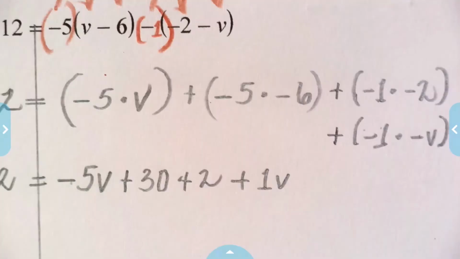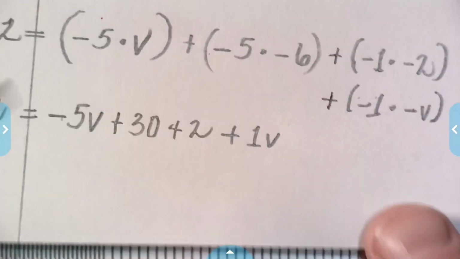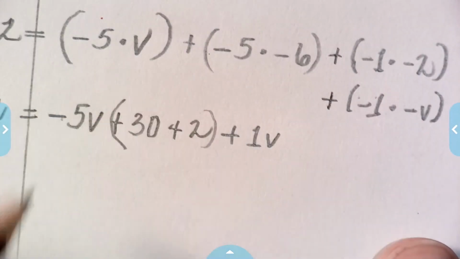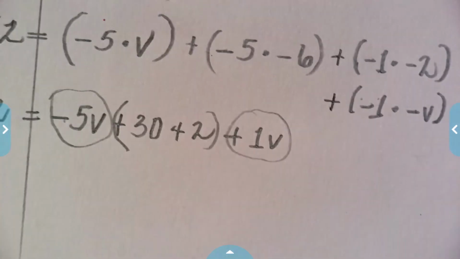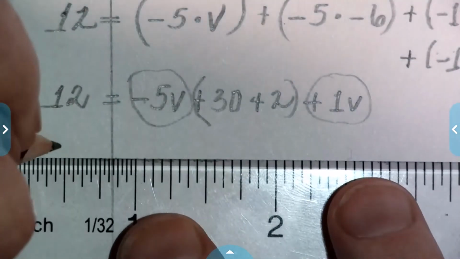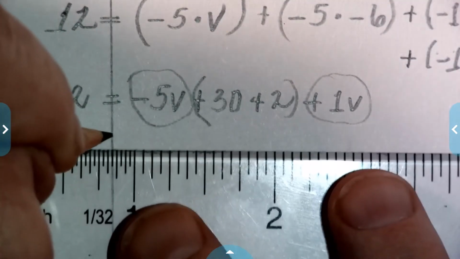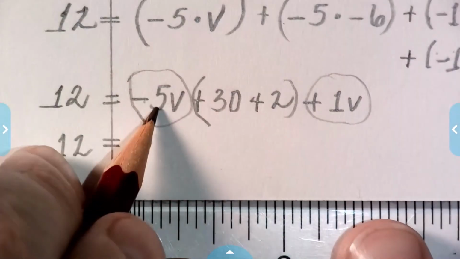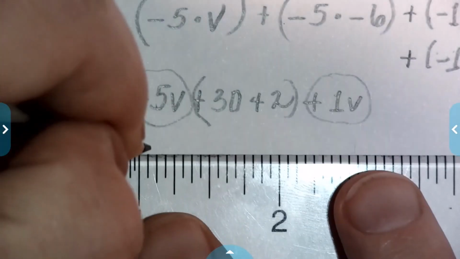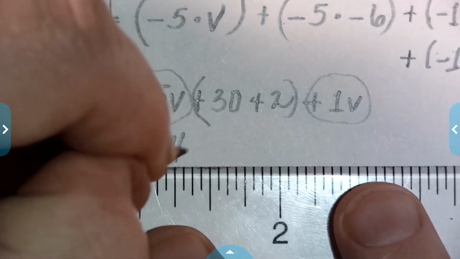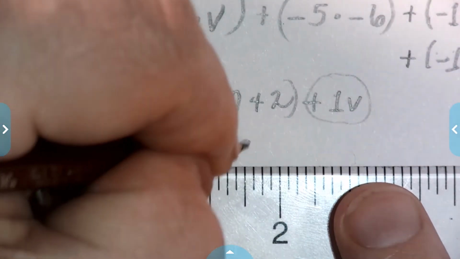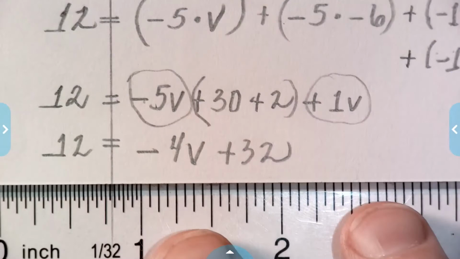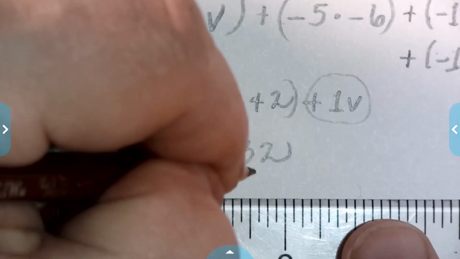So plus, and I'm going to put 1v, just to make it really clear. And so now I can combine the 30 and the 2, and the negative 5v and the 1v. All right? So I've got 12 equals negative 5 plus 1 is negative 4. So I got negative 4v. And then 30 plus 2 is 32, plus 32.